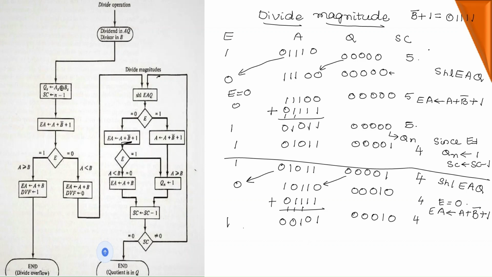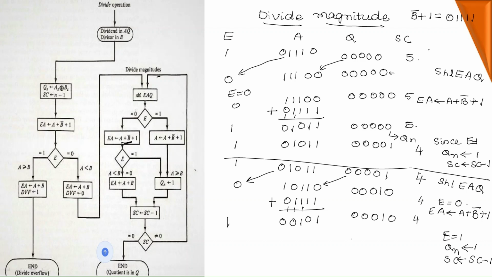You have to again check the value of E. E is equal to 1. When E is equal to 1, what do you have to do? You have to make the Qn bit 1, and the sequence counter has to be decremented by 1.